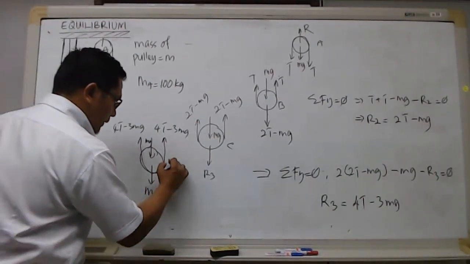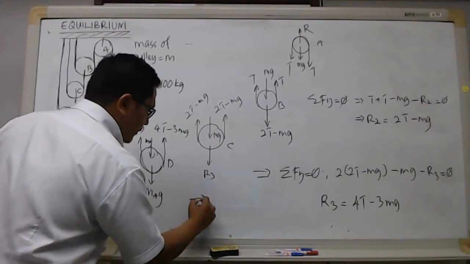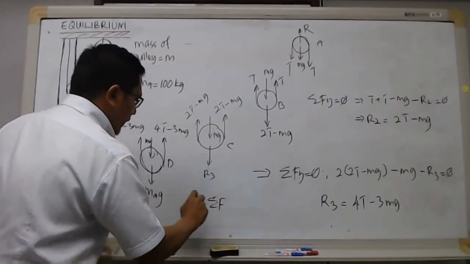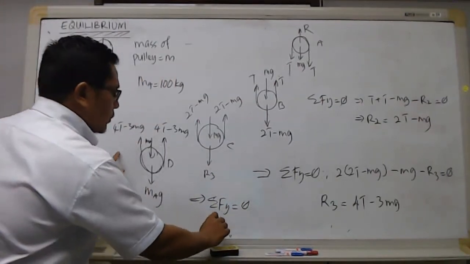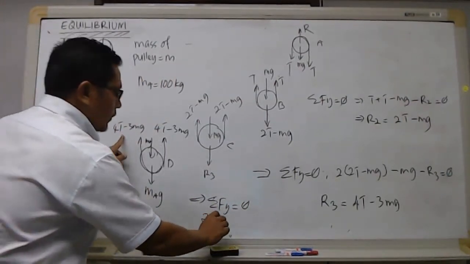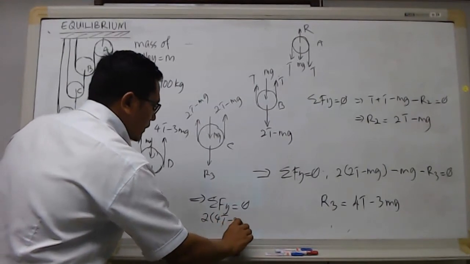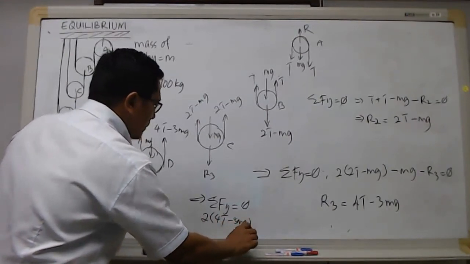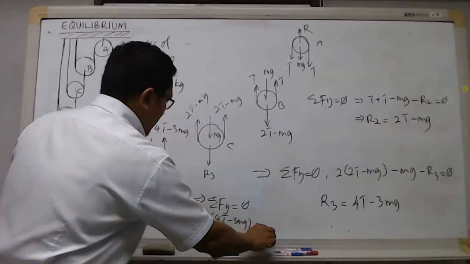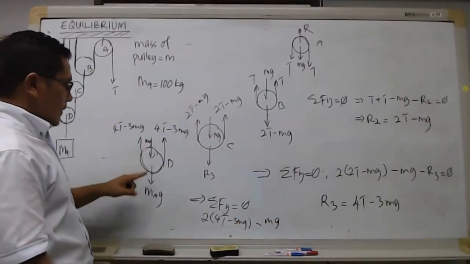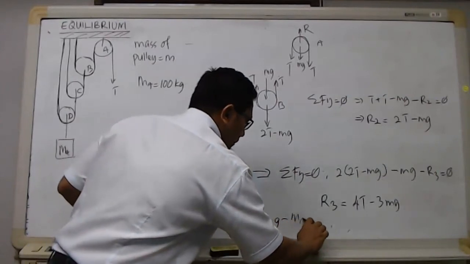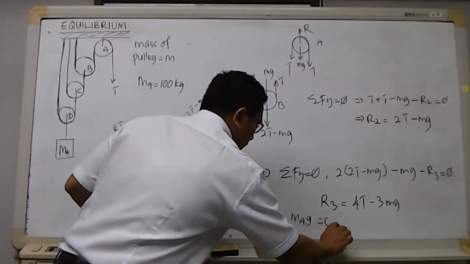Yeah, this is pulley D. We do the summation of the forces in y here equal to 0. Then you get 2 times 4T minus 3mg, because we have 2 here, minus mg, the mass of the pulley, minus M_A g is equal to 0.